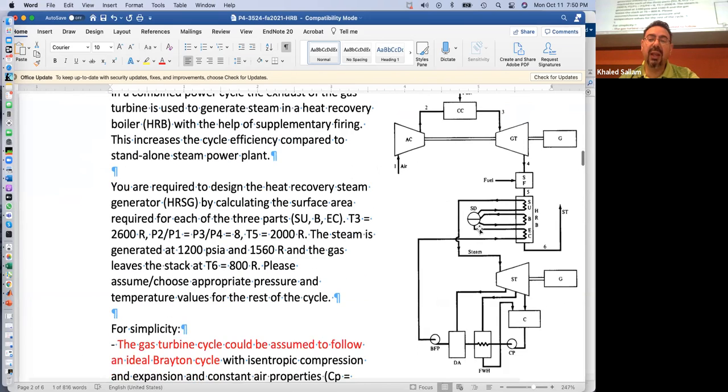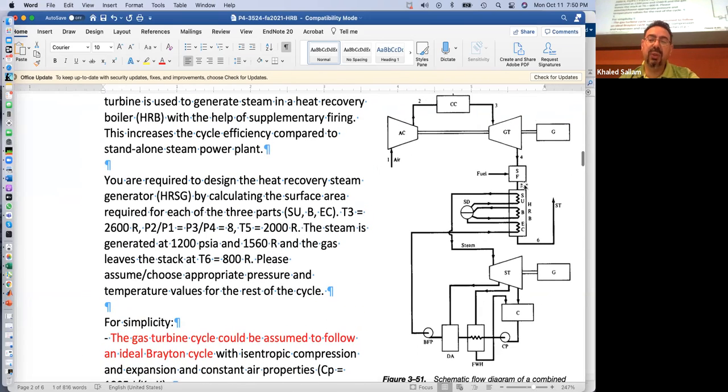So how do we calculate the ratio between m dot steam and m dot air? This m dot air going through this and m dot steam going through this, are they twice as much or 3 times as much? How do we do that? How can I get the ratio between m dot steam and m dot air?